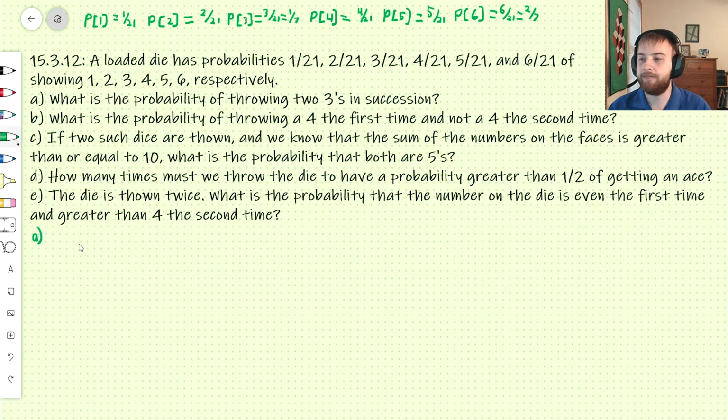Part A. What is the probability of throwing 2 threes in succession? If we are throwing 2 threes in succession, we need to throw 1 3, and then we need to throw another 3. We need to throw 1 3 and a 3.